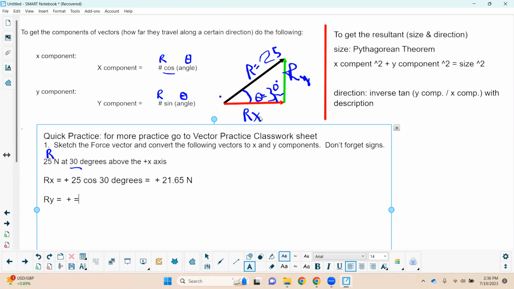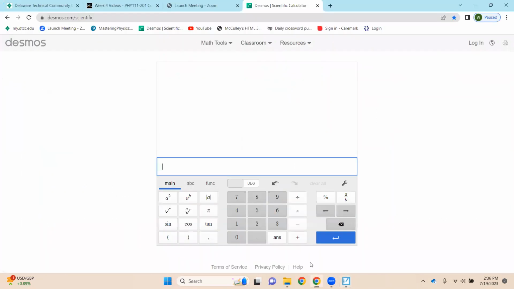So I'm going to put a plus sign there, and that's going to help me remember that it's going in the upward direction. So it'd be 25 sine of 30. And it's still degrees, so make sure you're in degree mode. I'm going to go back to the online calculator. I'm going to type in 25 and then the sine, and then 30 degrees. And that's 12.5. So that's going to be the answer for that.